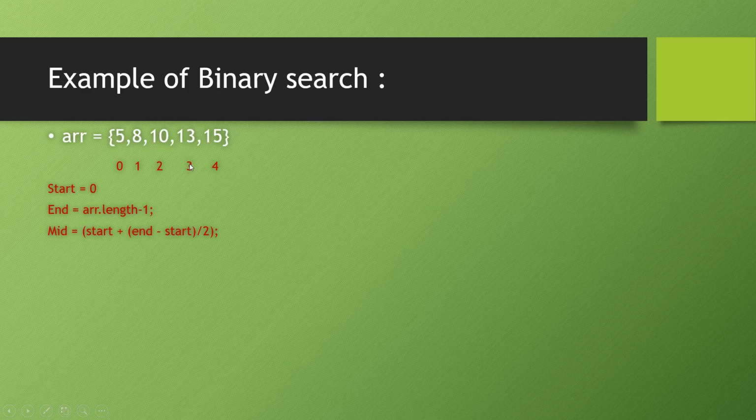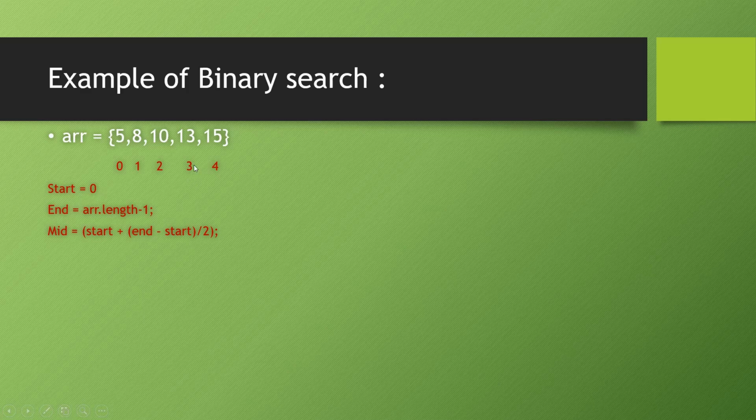End is already 4. So now mid is 3 plus (4 minus 3) by 2, which is 3. So now this one, 13, is equal to 13. Yes, then we return this index 3.